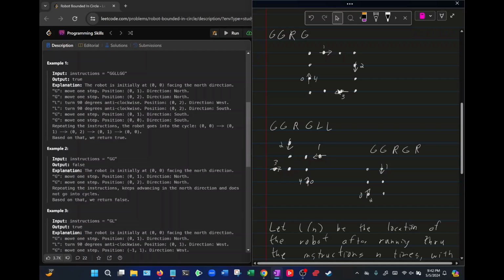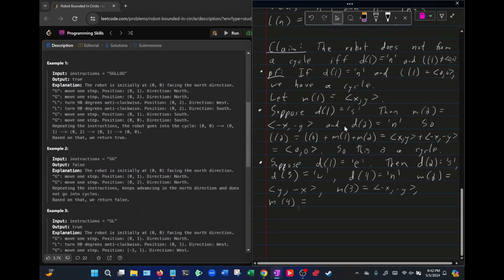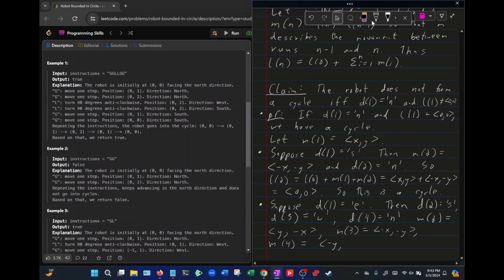Going from 3 to 4, we go 2 to the left, and so minus 2 in the x direction and 1 in the y direction. And so the movement in the x direction is, what we started with was minus y, where y is referring to that first movement.